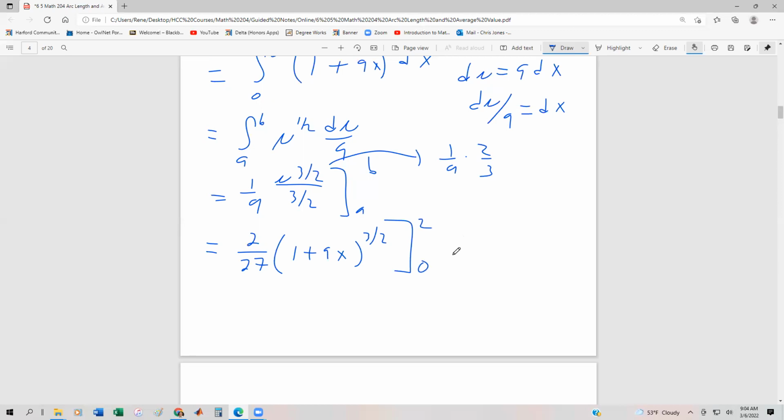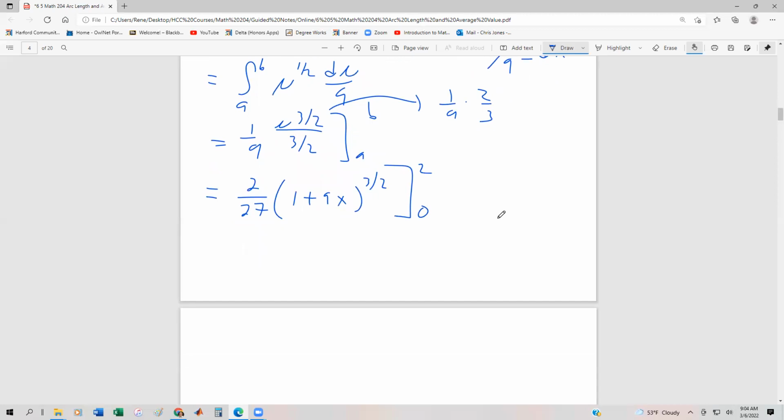Be aware that when you substitute 0 in, it does not wipe out that second term, so we have to make sure that we plug it in. So we get 2/27 times (1 plus 9 times 2) to the 3 halves, minus 2 over 27 times (1 plus 9 times 0) to the 3 halves power.